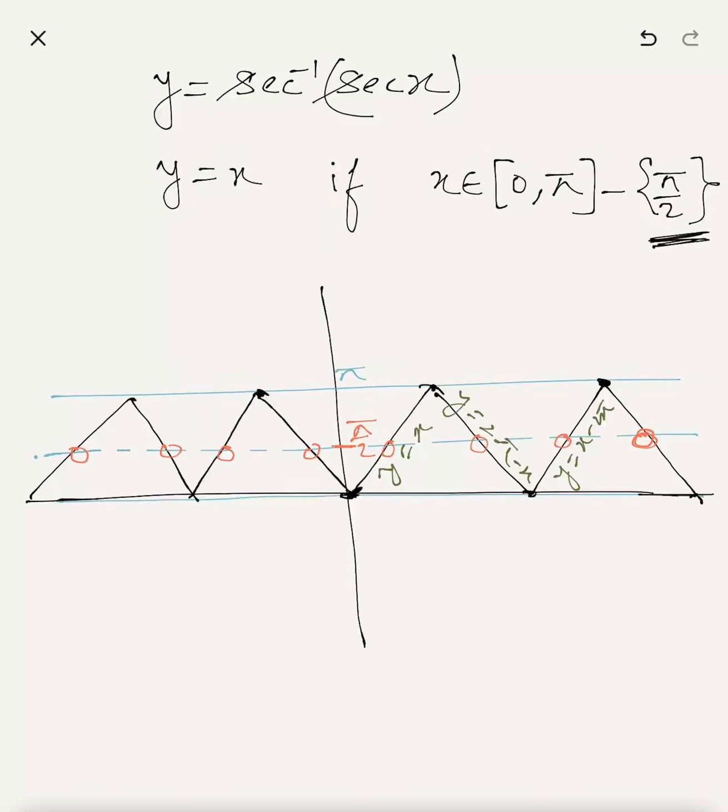Just now I have shown you cos inverse of cos x. From there also you can write the equation of the branches. y equals minus x, y equals x plus 2 pi.